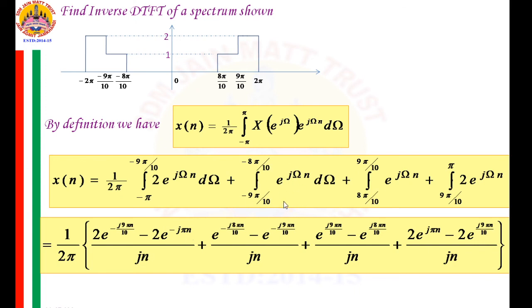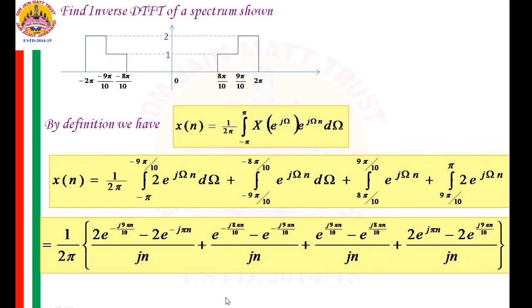For this term, after substituting the limits, e raised to minus j 8 pi n by 10 minus e raised to minus j 9 pi n by 10, by jn. For this term, you get plus e raised to j 9 pi n by 10 minus e raised to j 8 pi n by 10, by jn, plus 2 e raised to j pi n minus 2 e raised to j 9 pi n by 10, by jn.